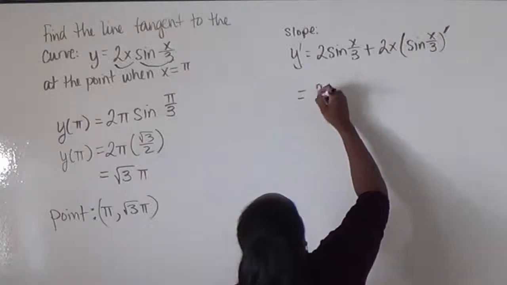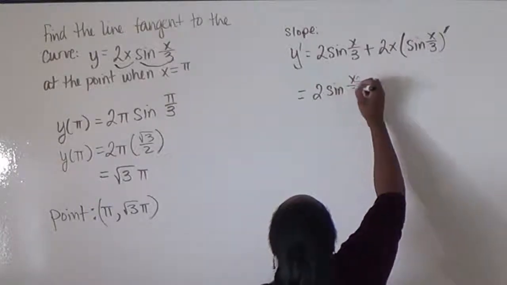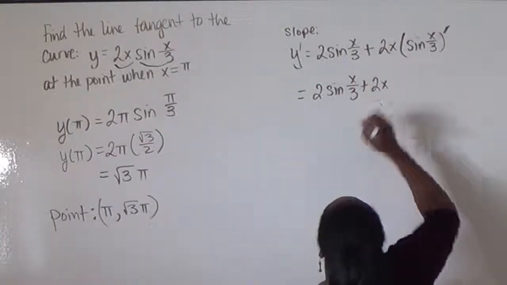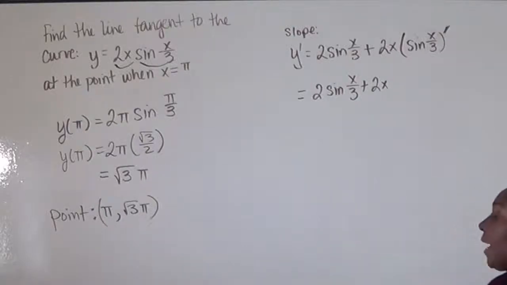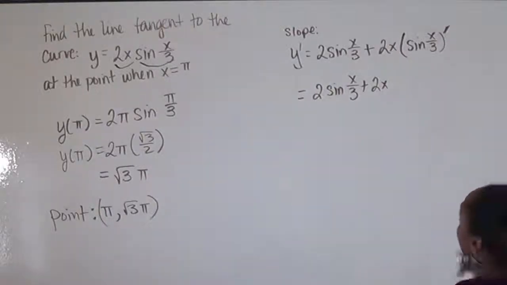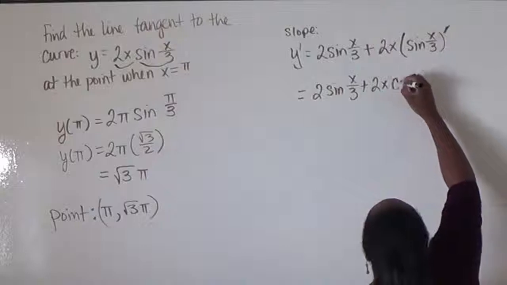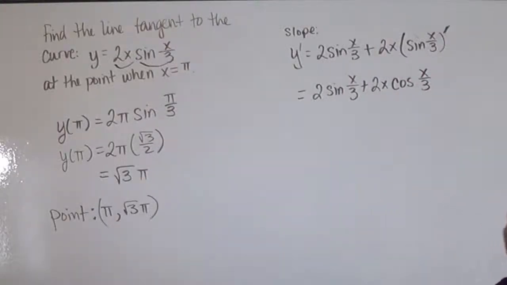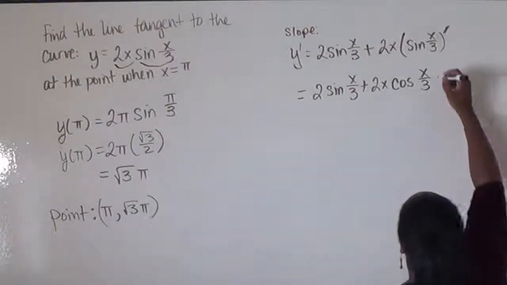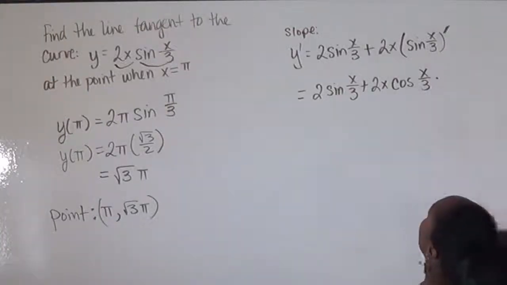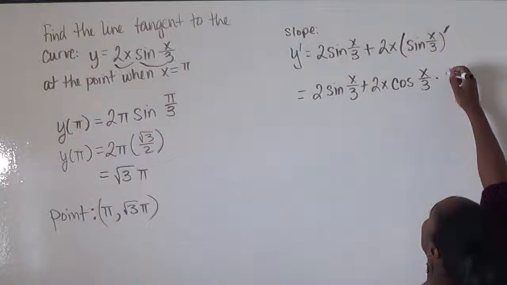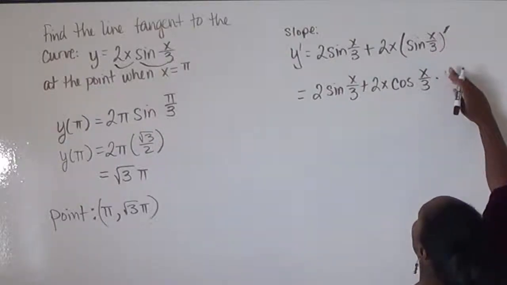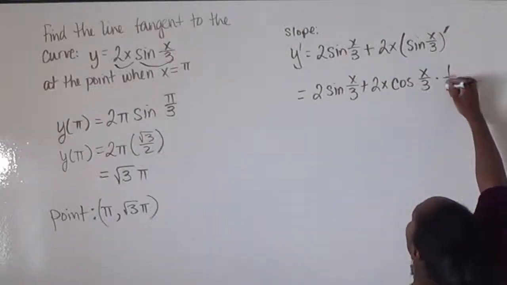So to apply the chain rule, we're going to take the derivative of the outside function, which is our sine. So derivative of sine is going to be cosine, evaluated at the same place we started, times the derivative of the inside. So if I look at x over 3, the derivative of that is just going to be 1/3.